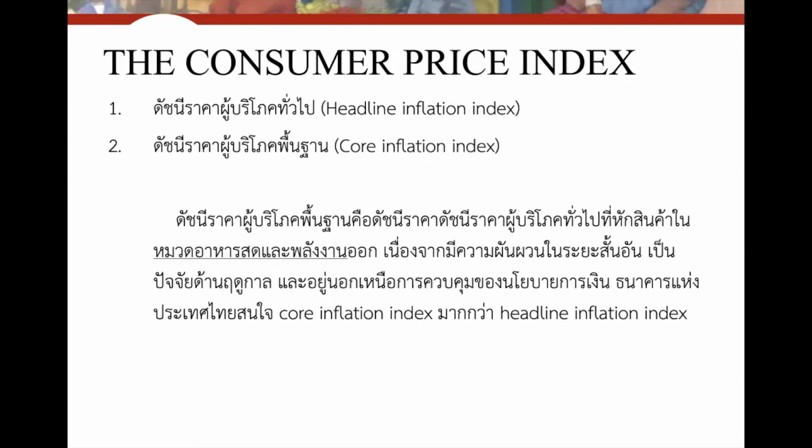So the difference is this. The headline inflation index means the CPI that includes all the goods and services. All the goods and services means all the goods that are surveyed, that the typical consumer consumes every month.